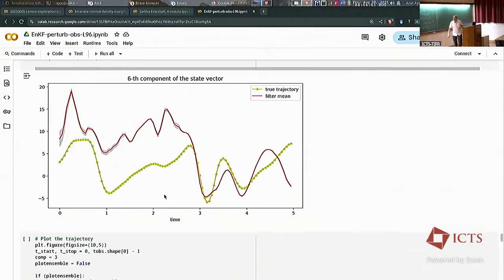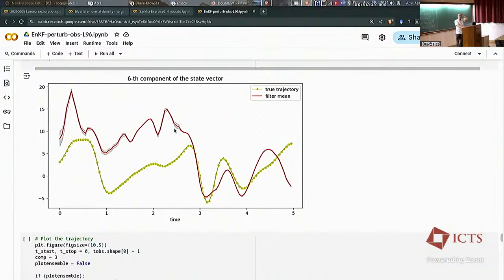Okay, so what we are looking at here, this is again the true trajectory that is shown in greenish color. The filter starts somewhere far from the truth, and it never really captures the truth at all. But unfortunately, because of the way the filter is designed, the uncertainty in the filter keeps decreasing.